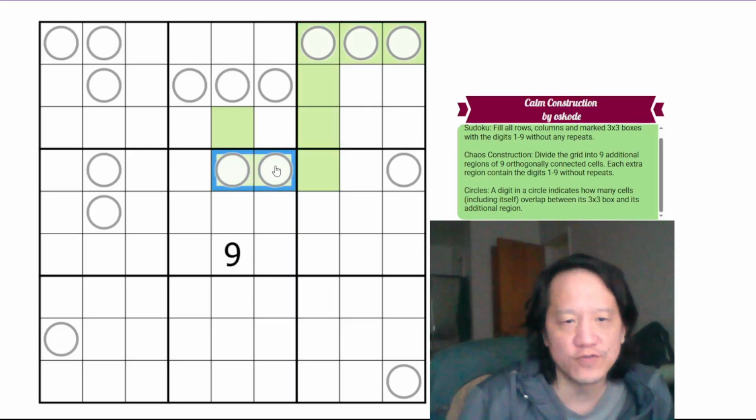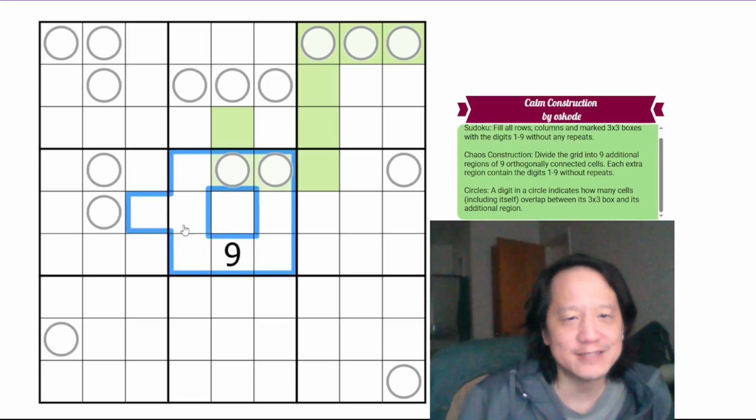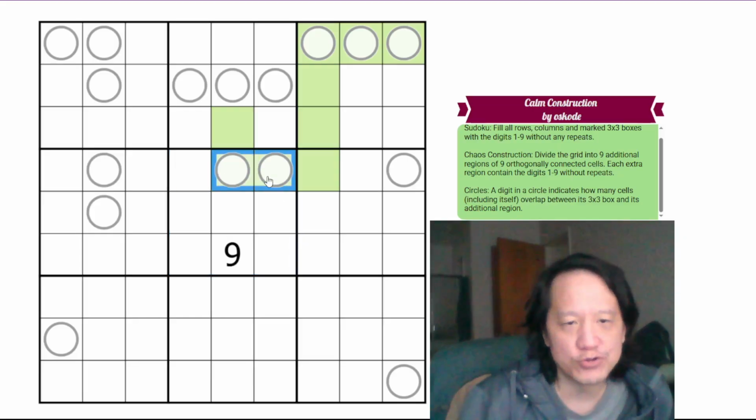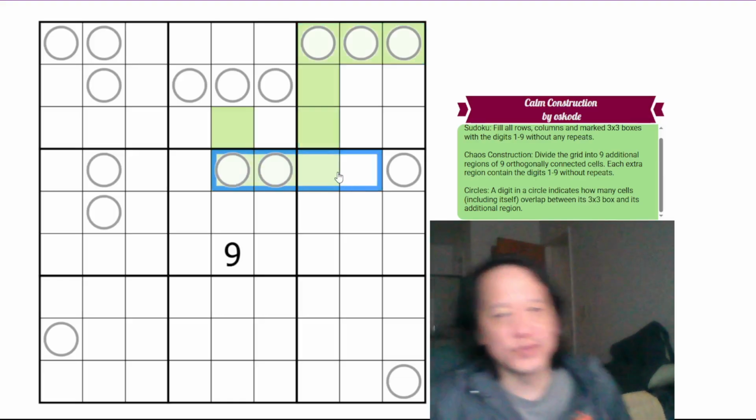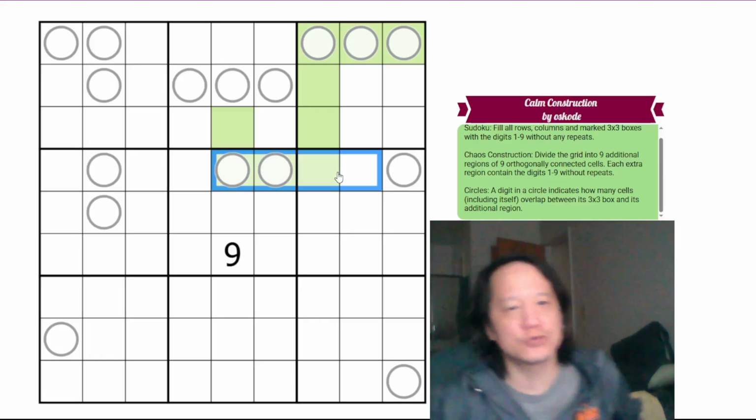Because there's 2 overlaps within the 3x3 box for the circle here and the region that it's in. This would be 2 also because the 3x3 box it's in is box 5, and there's only 2 cells in the green region, which it's also part of. So that's an example of how the circles work.